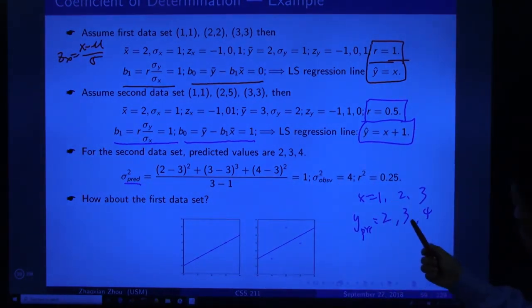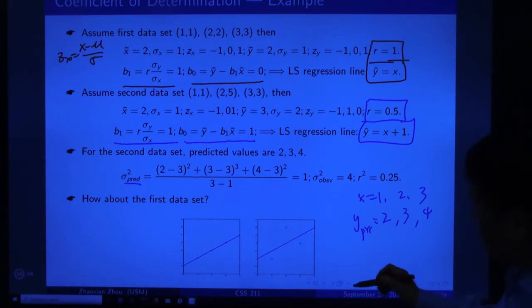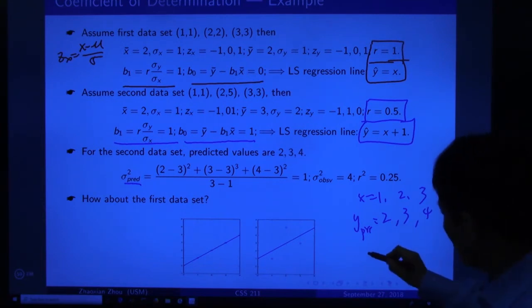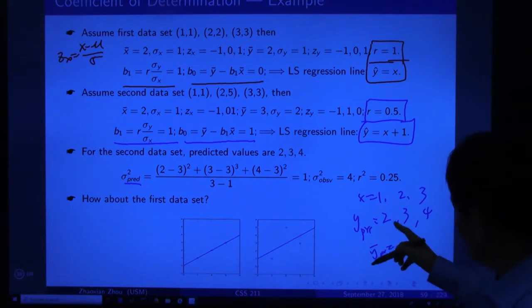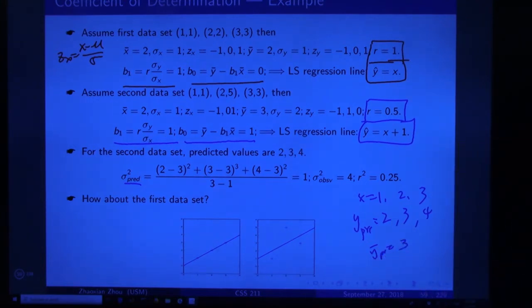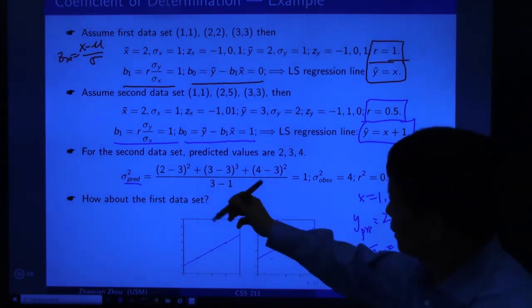The predicted values are 2, 3, 4. And when we calculate the variance, we need to know the mean. The mean y bar predicted will be 2 plus 3 plus 4 divided by 3, that equals 3. Right?